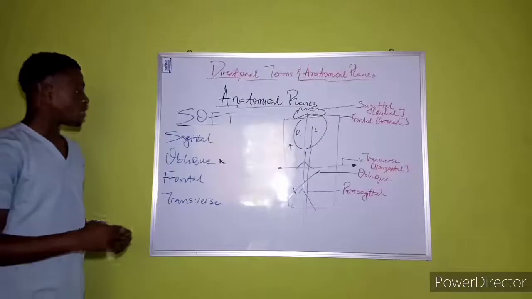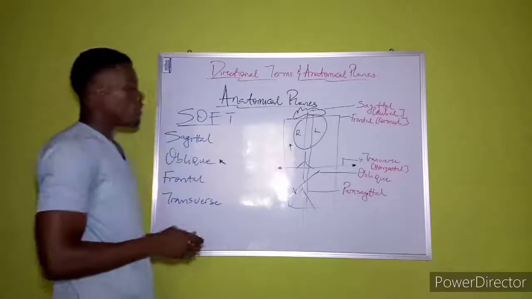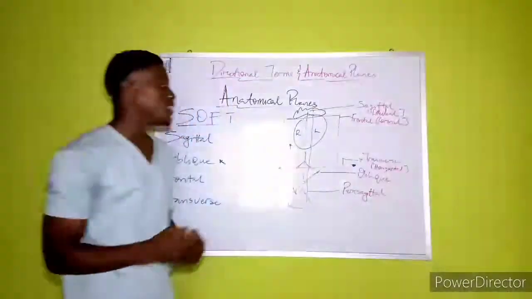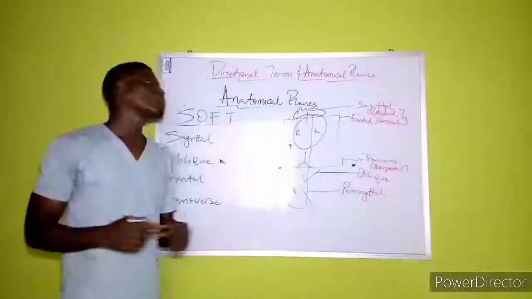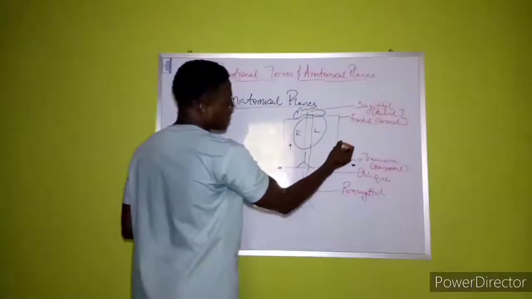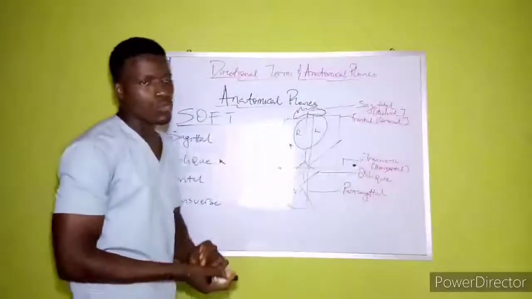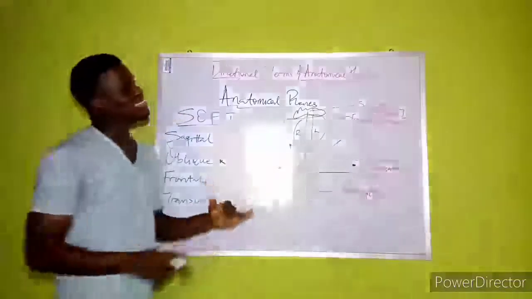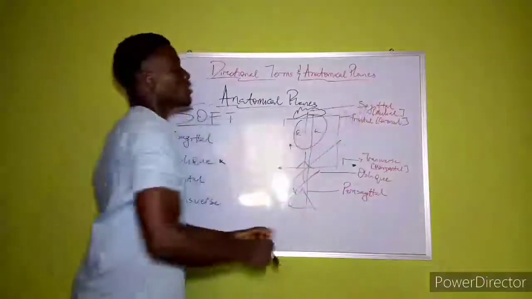Now the next which we'll look at is the oblique plane. The oblique plane is also an imaginary line, but this is not taking a straight path. It's a slant imaginary line. So it runs through the transverse plane and either the sagittal or frontal plane. You get it now?